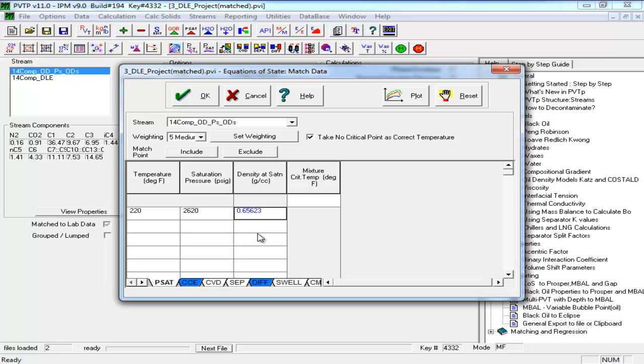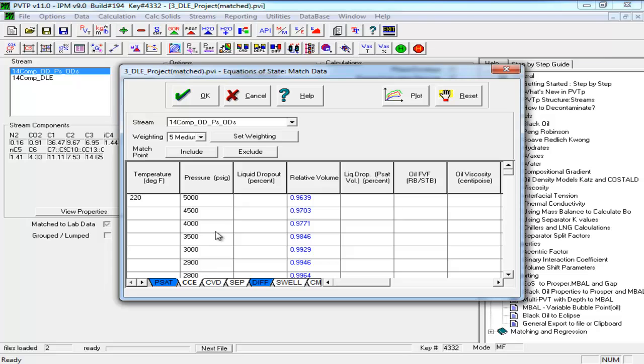So the suitable way of thinking is that you have two choices. Either you take only the first one, the one at the saturation pressure, or you exclude all these points. In my opinion, it's better to exclude them.